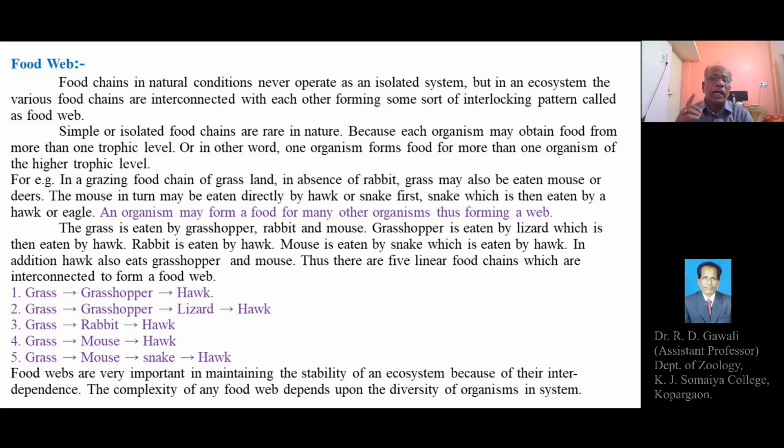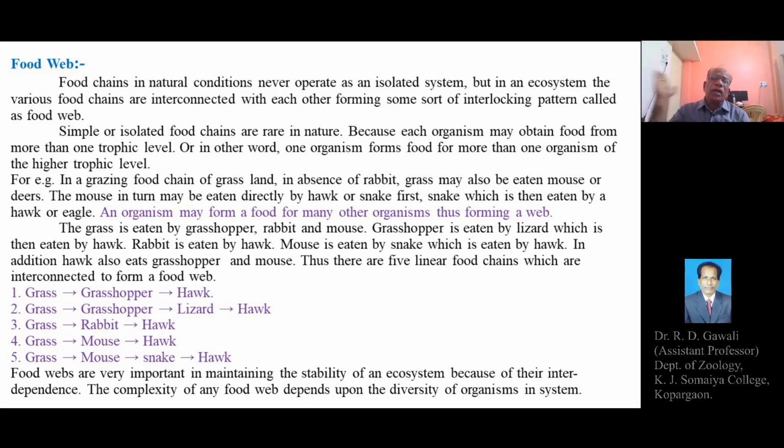So, food webs are very important in maintenance of the stability of an ecosystem because of their interdependence. The complexity of any food web depends upon the diversity of organisms in the ecosystem.